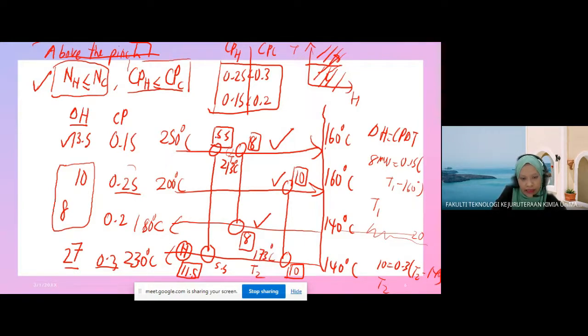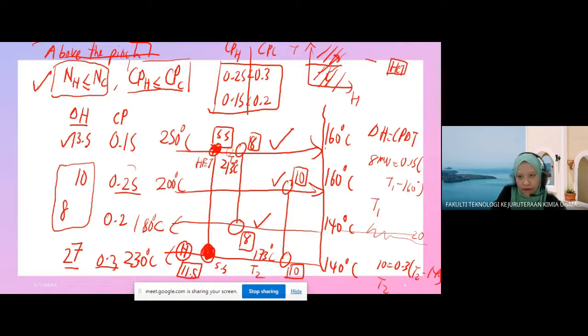So looking at this, okay, this heat exchanger. Let's say you have this heat exchanger. Let's name it as heat exchanger 1, right?